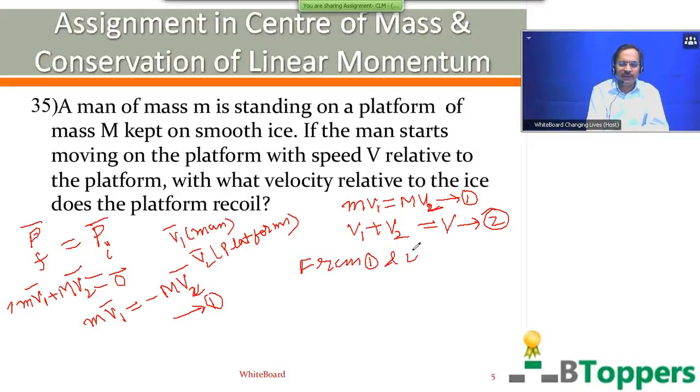From the first and second equations you can find V2. You get V2 equal to small m by capital M plus small m into V. So V2 is the speed, or magnitude of velocity, with which the platform moves with respect to the ice surface.